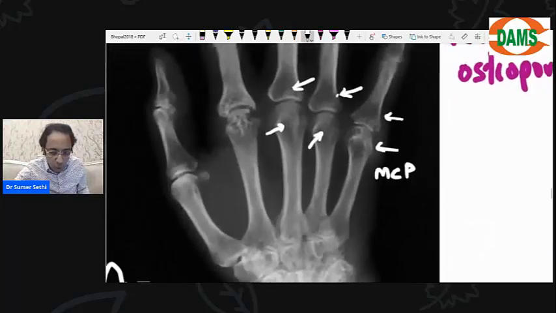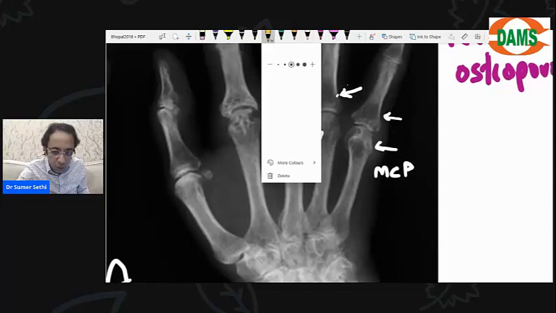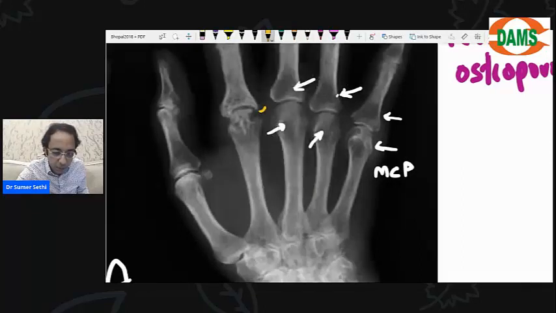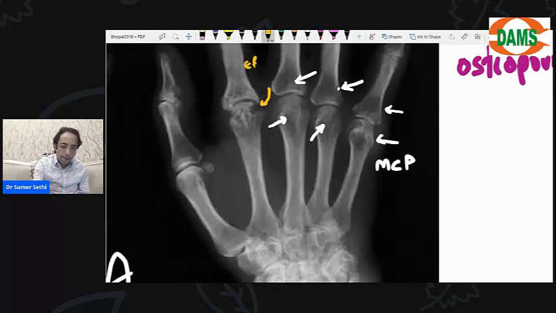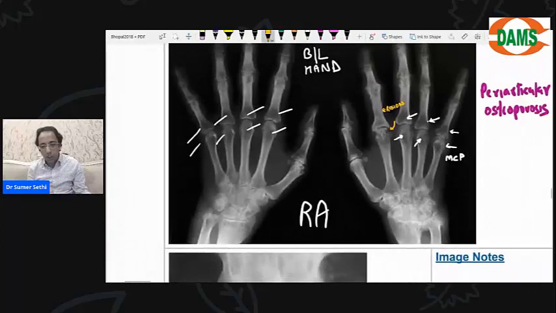Look at this margin of this metacarpal. Because of the inflammatory joint disease, you can see there is a marginal erosion. This is marginal erosion that you see in rheumatoid arthritis.